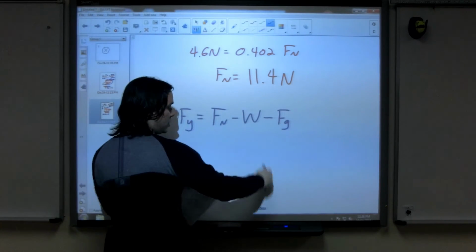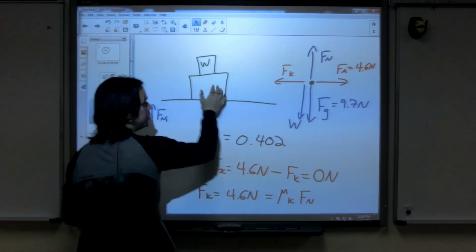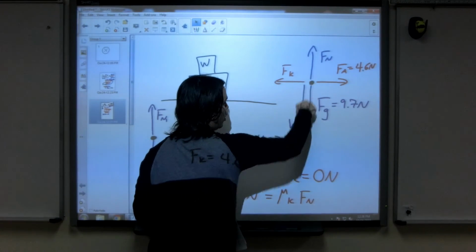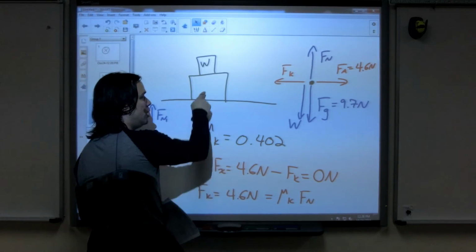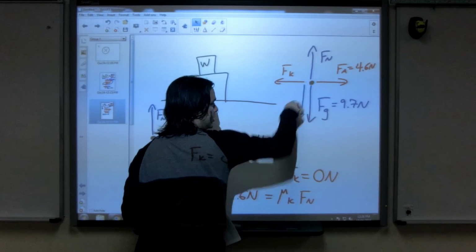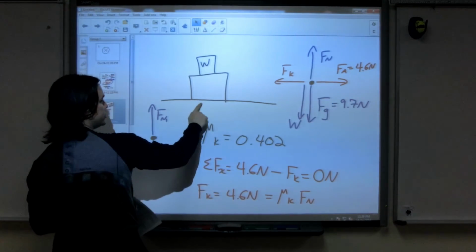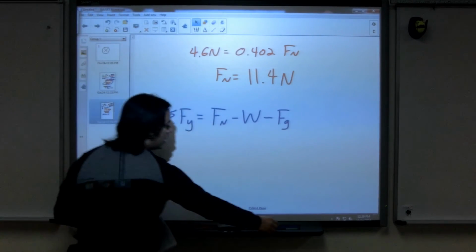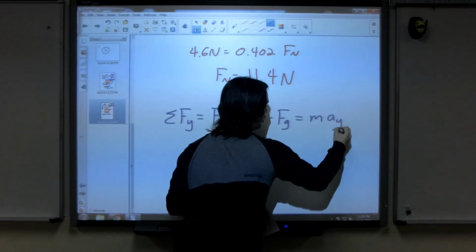Now both of these are minus because both of those forces on this block are downward. Here's gravity pulling down, and we also have the top block pushing down on the bottom block. So these two forces together, and the normal force from the ground holding all of this up, are the forces acting on it. It will be equal to the mass times the acceleration in the y.